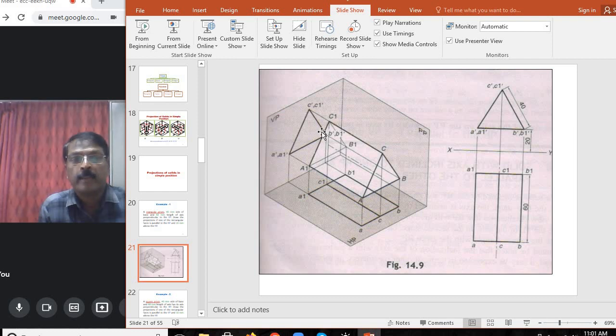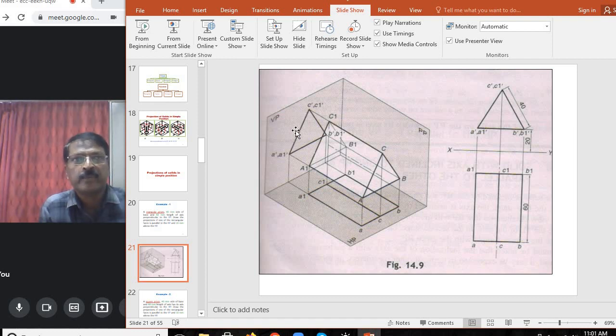One of the bases is away from the VP, and one of the rectangular faces is 20 mm above the horizontal plane. Since the axis is perpendicular to the VP, we can see the true shape of one of the bases in the front view.